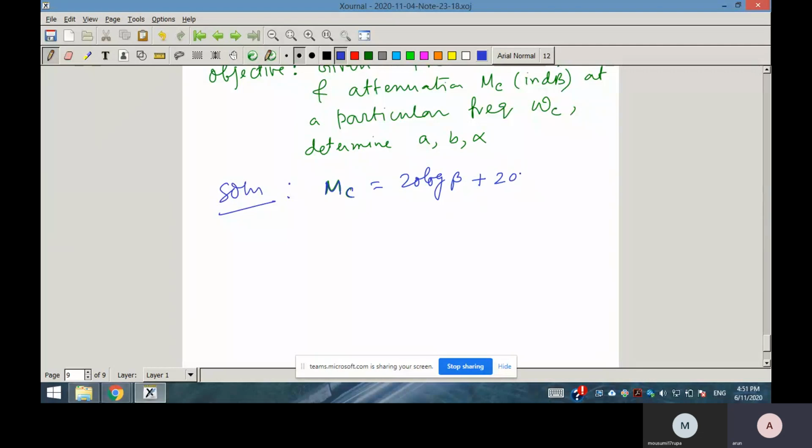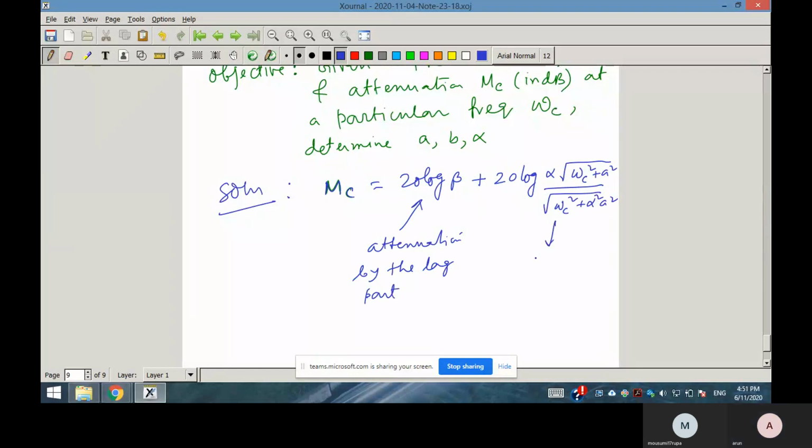So this is 20 log of alpha into root under omega c square plus a square divided by root under omega c square plus alpha square a square. The 20 log beta is the attenuation by the lag part, and this is the gain by the lead part.